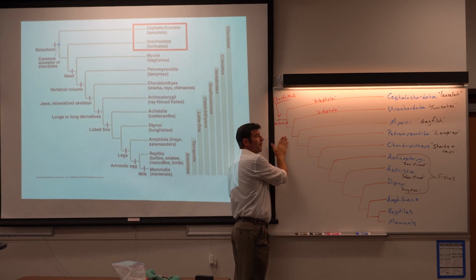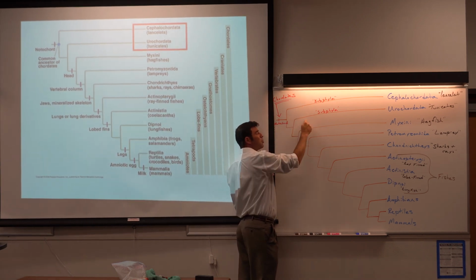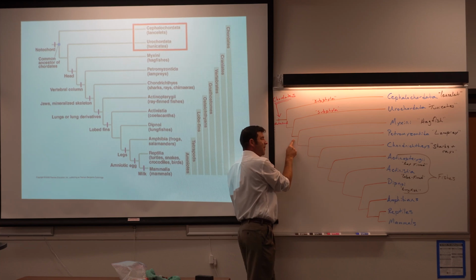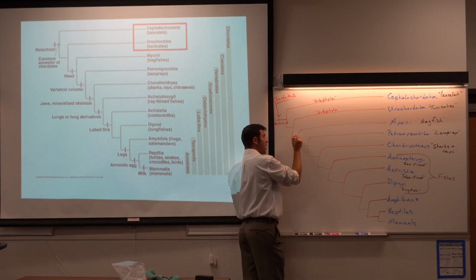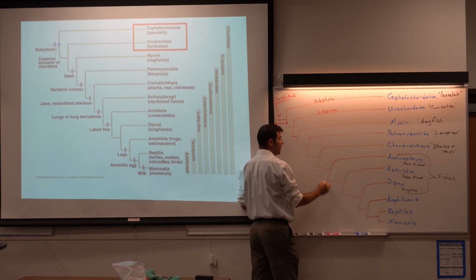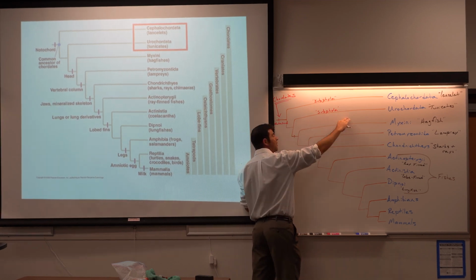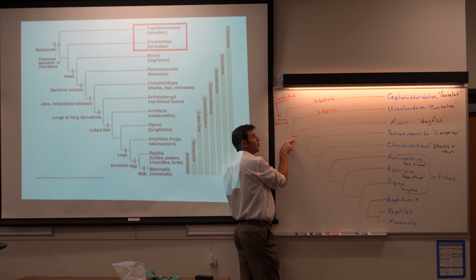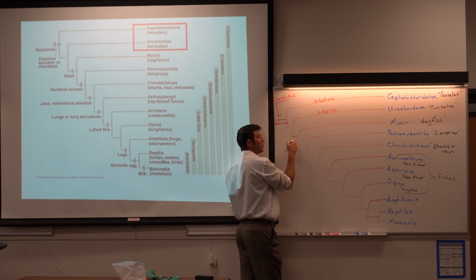So as we look further into this branch of chordates, the first two branches we see are subphyla, and even this third branch that we're about to look further into, this branch is going to represent the third subphyla. Everything that is part of this third branch is going to have a skull. So the characteristic that these add to the list of all characteristics is they have a mineralized skull.